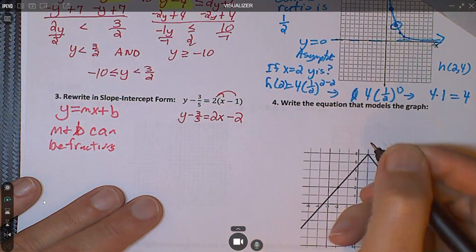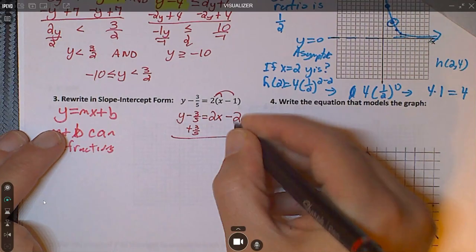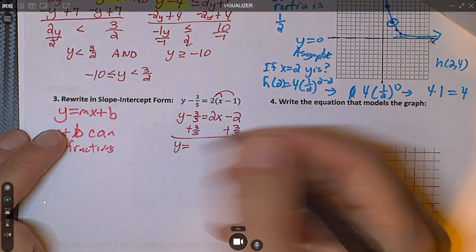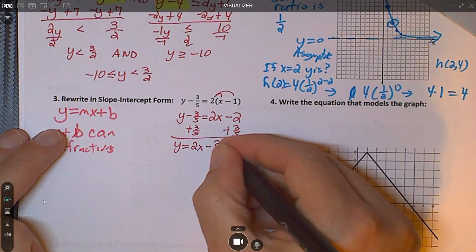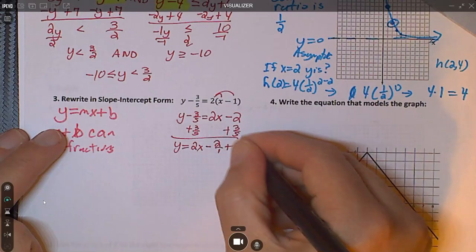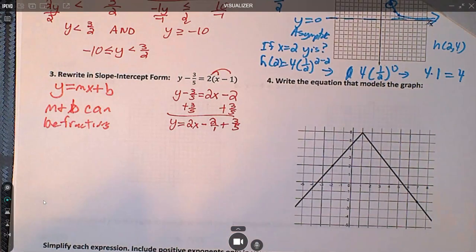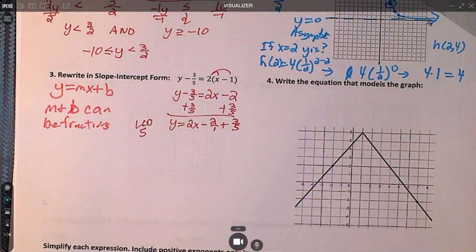I usually get in a hurry here, but I'm going to go slower for you. So it'd really be minus 2 over 1 plus 3/5. And get an LCD of 5.